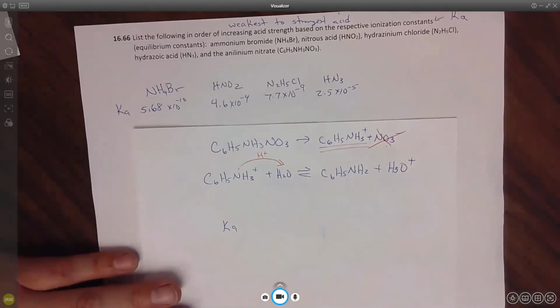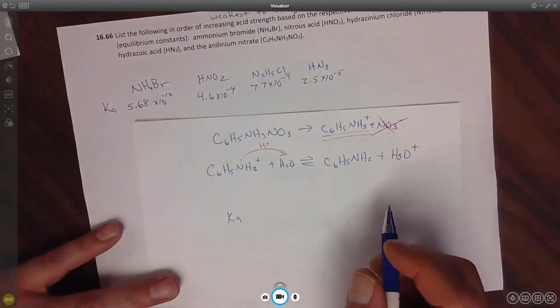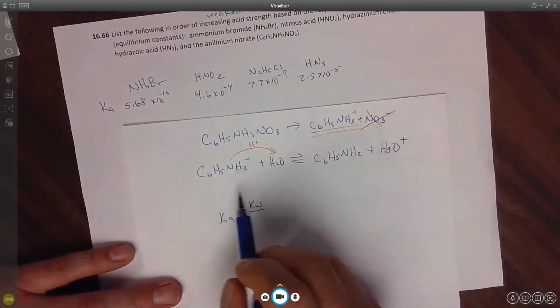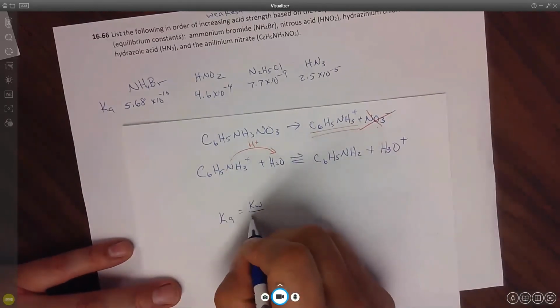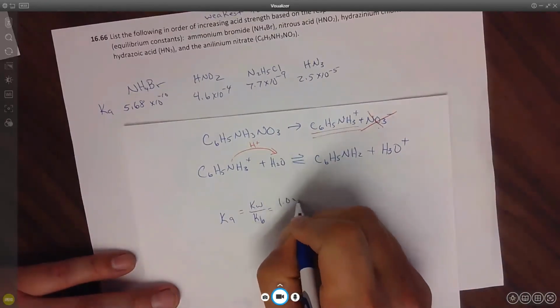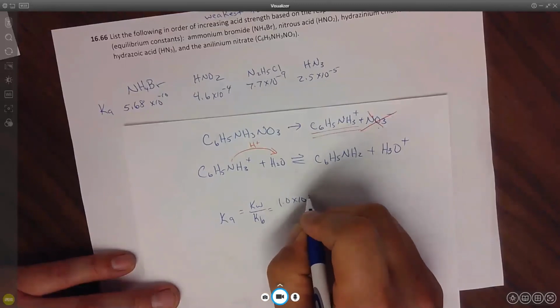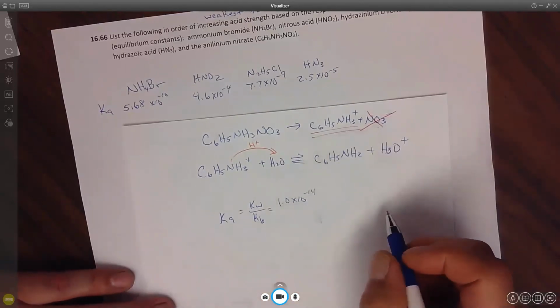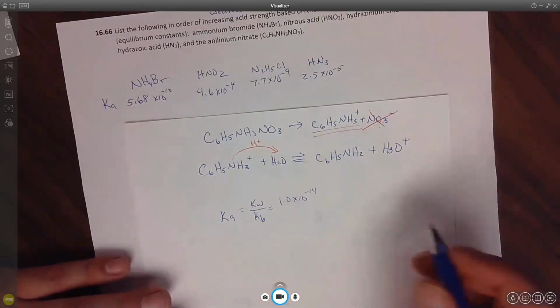So what am I going to look up the Kb value for? Again, we're going to do the same idea. Since this isn't directly an acid, it's got to be Kw over Kb. So what are we going to look up for the Kb? Either give me the name or the formula.